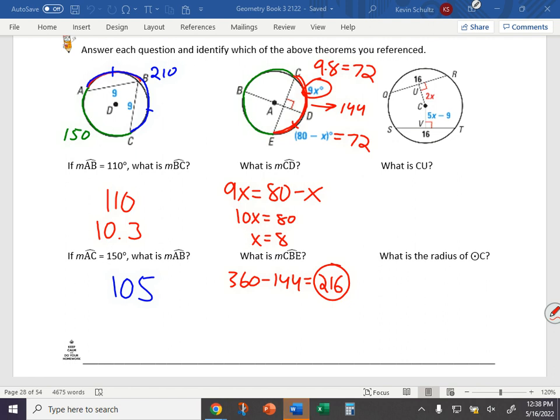Next one. What do we have? What are we trying to find? We are looking for CU. So funny, Blake. Thank you. What do we know about this diagram? What do we conclude? There's 5 of them. 5 of what?